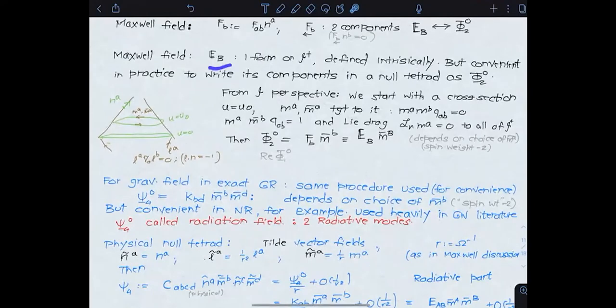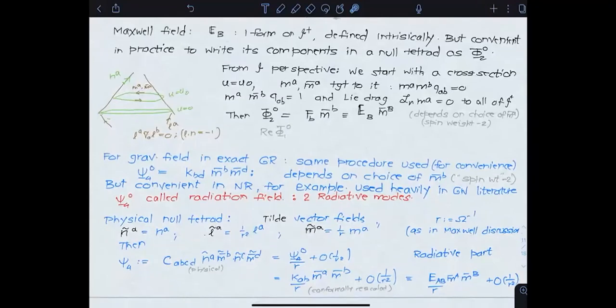In the Maxwell case, as we saw before, we can just take F times M bar, and that was precisely phi 2 naught. I can also calculate the real part of phi 1 naught in a similar way, but that will be a little bit later. Let's not worry about it. Let's just look at it here, and this is the quantity I have up here.